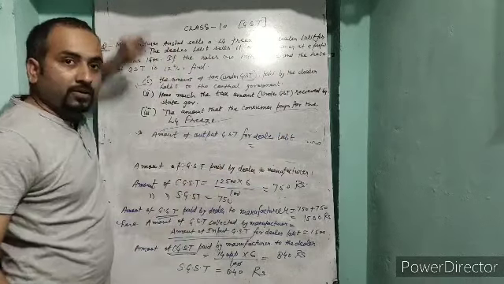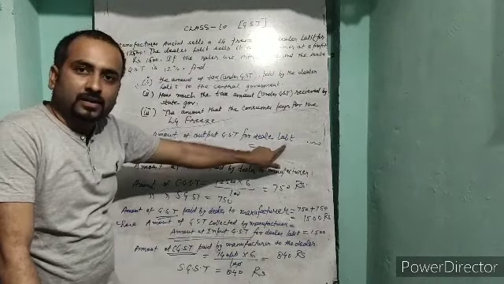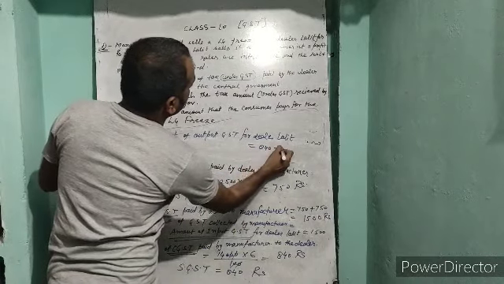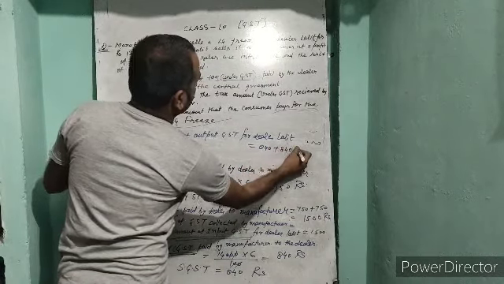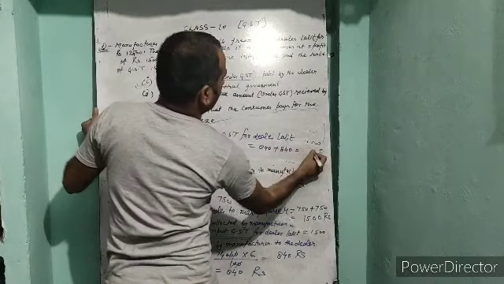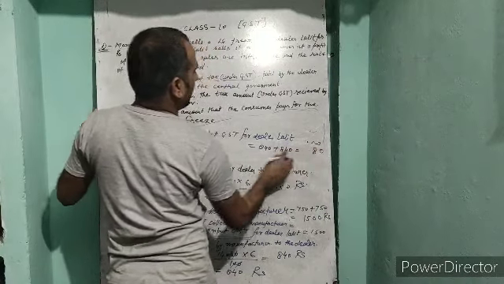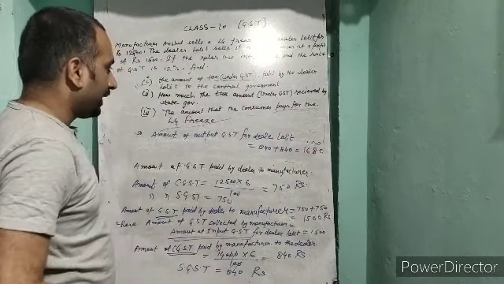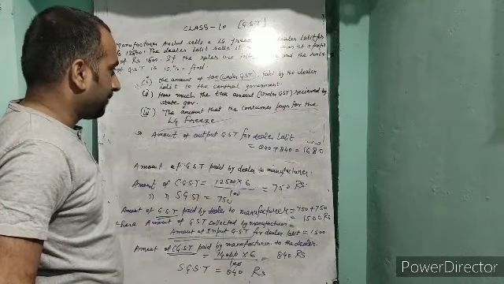This will be 840 plus 840, which is 1680.